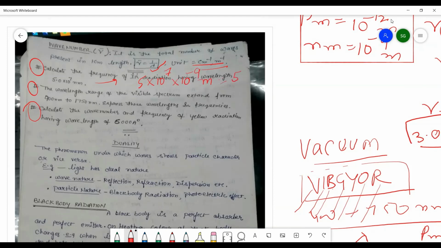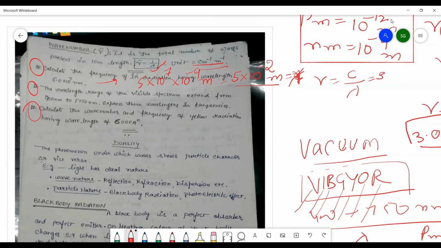So it comes out to be 5 into 10 to the power minus 2 meter. Now you want to calculate the frequency, that will be C by lambda. Mu is equal to C by lambda.